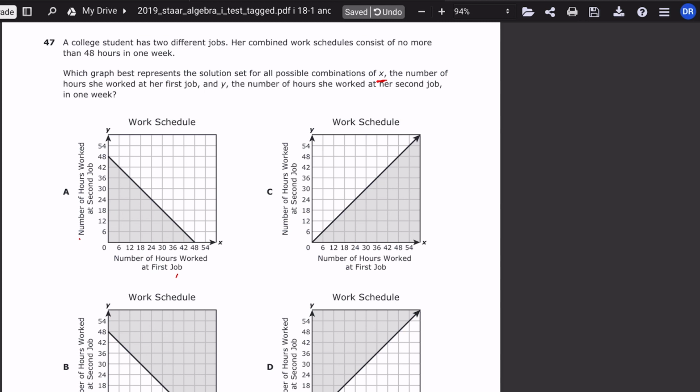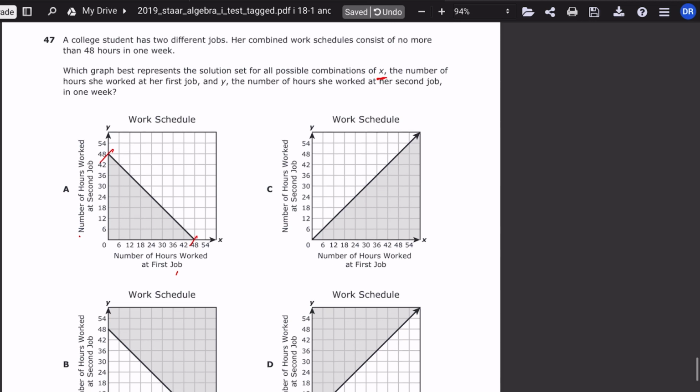Her combined work is not more than 48, so here it should be 48, combined work. No more means it can be 48 or less than or equal to 48. So x plus y less than or equal to 48 will be the answer for us.